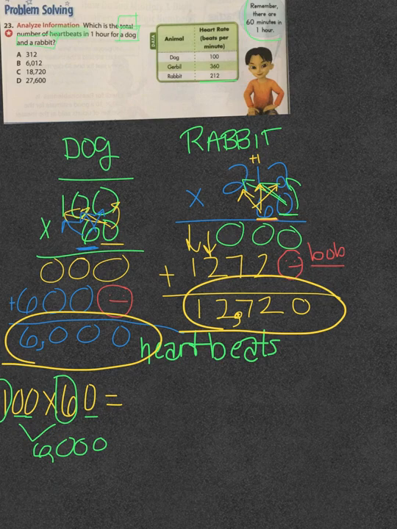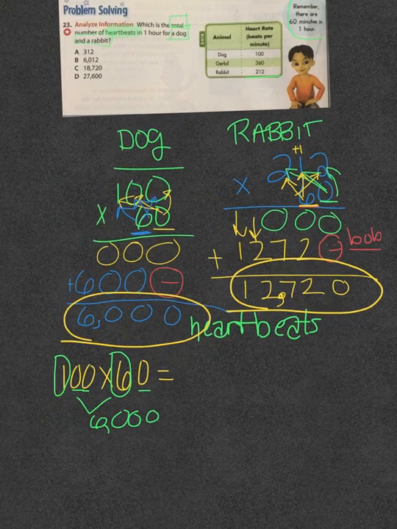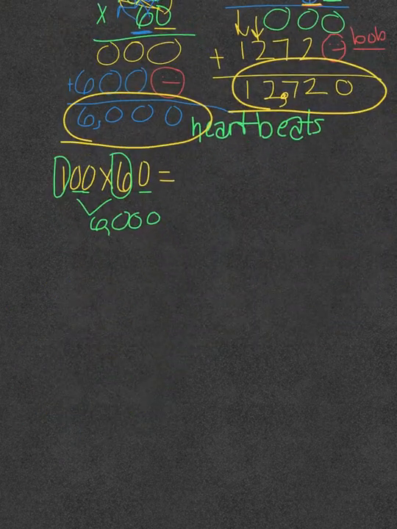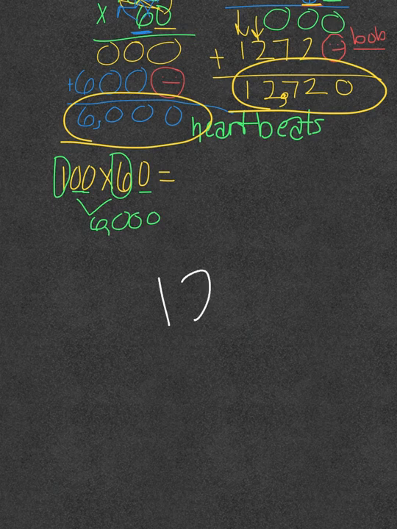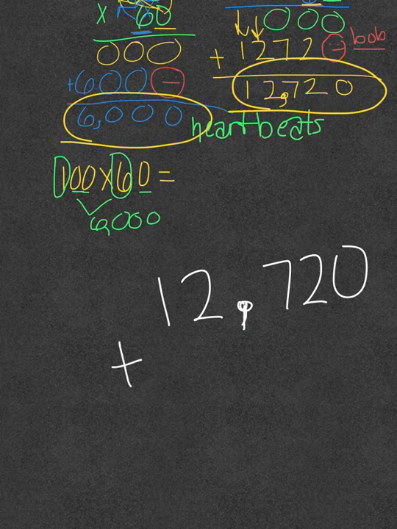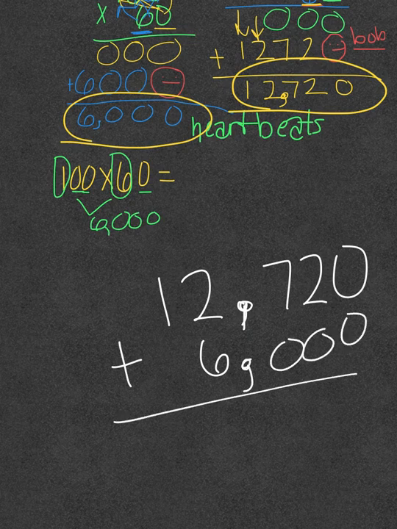So now I have to combine those because it does say for a dog and a rabbit. So let's move everything down. And just to make things easy for me, I'm going to put my top number as the biggest number. 12,720. And I'm going to add to that my 6,000 for the dog.